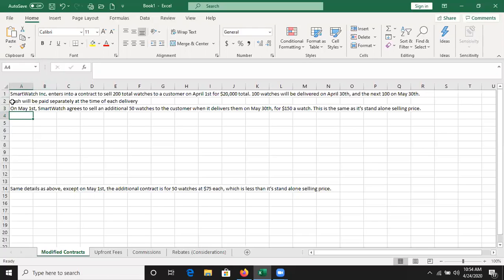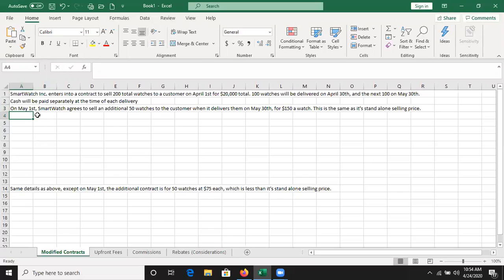Let's just stop right there first. So we're selling 200 total watches for $20,000, and it's going to be split up. 100 will be sold in April and 100 in May at whatever half the price is, $10,000.